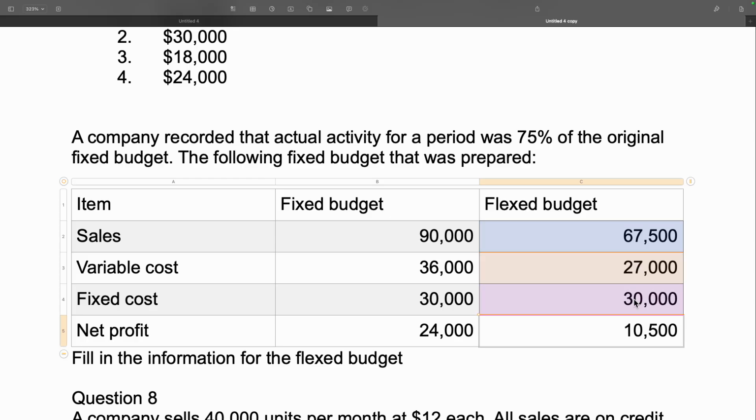That should be the information for the flex budget.